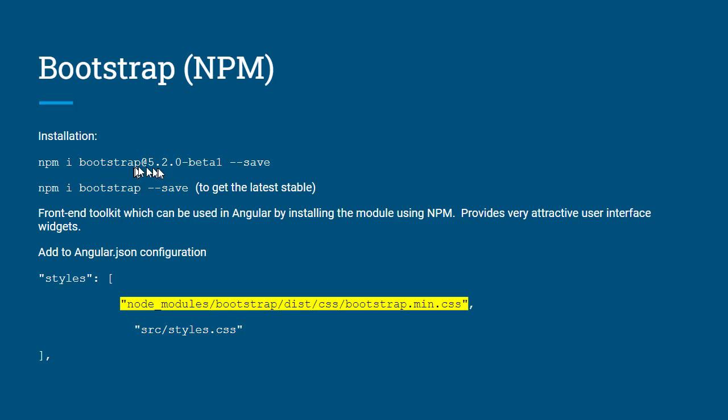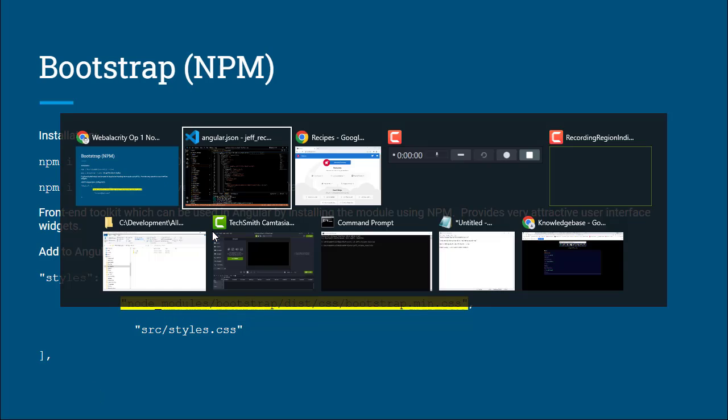I can actually go to a specific version if I wanted to, or if I just want the latest stable, I would do npm i, where i is short for install. If I do a --save, it'll save it to the package JSON file, so we have some records so we can reconstruct it. In addition to that, we're going to take this string and then store that in our Angular JSON file.